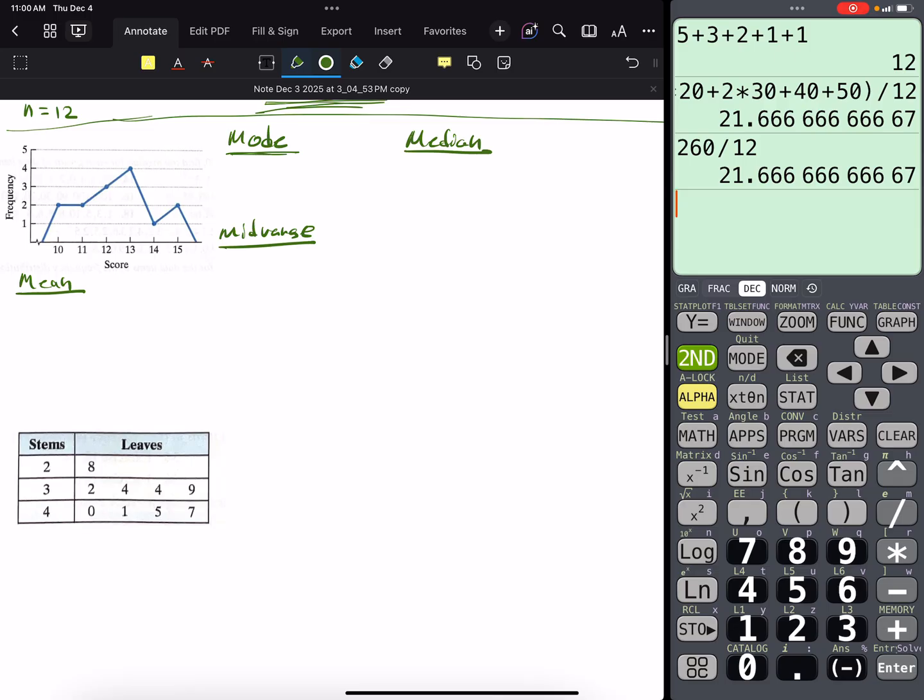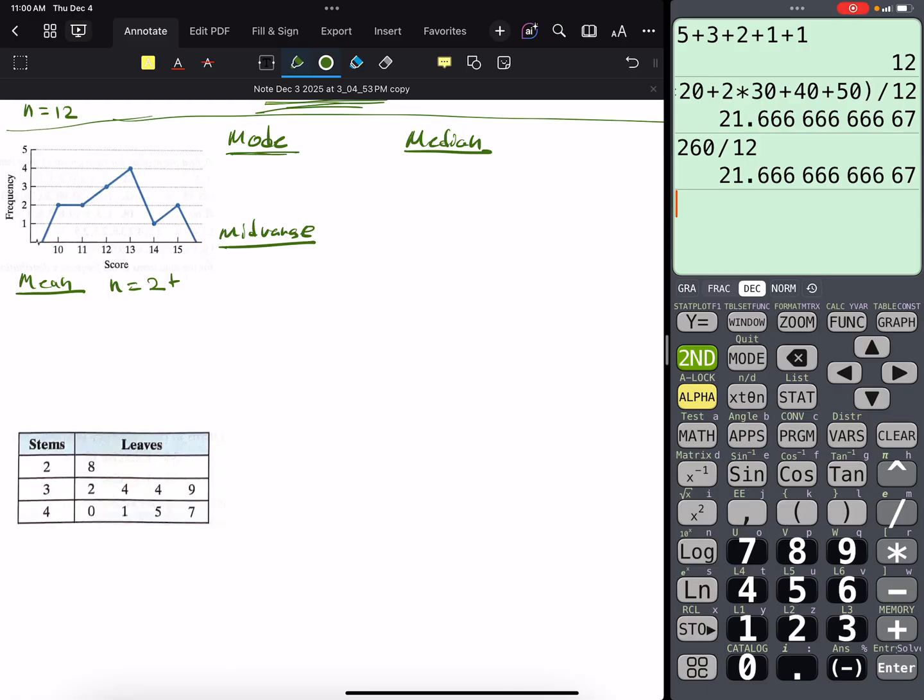Okay, the mean is just the average of the data, right? So the first thing I need to calculate the mean is the number of data points. Well, again, I have single values. I don't have classes here. And so I have 10 through 15 for my single values. And the height of this graph will have a 2 of my 10 values, right? And so that means I have 2 data points there, or 2 data values there.